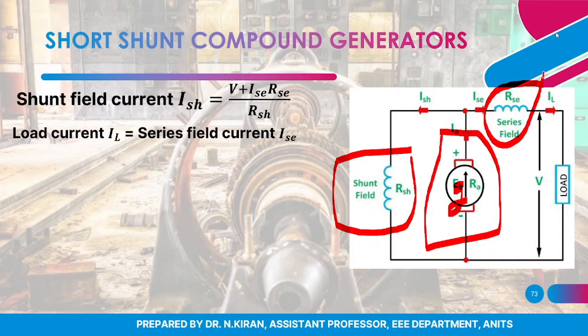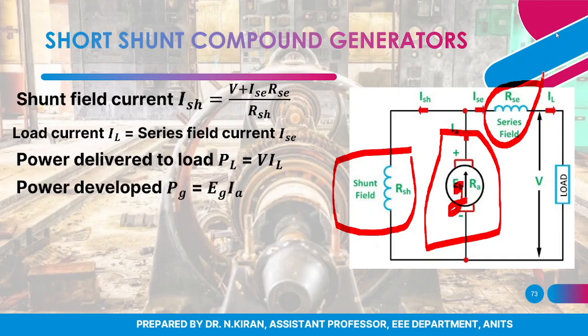The load current IL is the same as the series field current ISC. You can analyze that from the circuit diagram. Power delivered to the load is V into IL, or I can also write V into ISC since both are the same. Power developed in the armature is EG into IA.